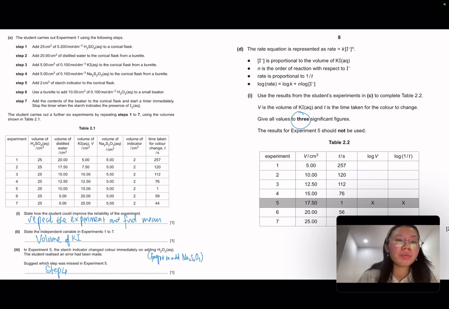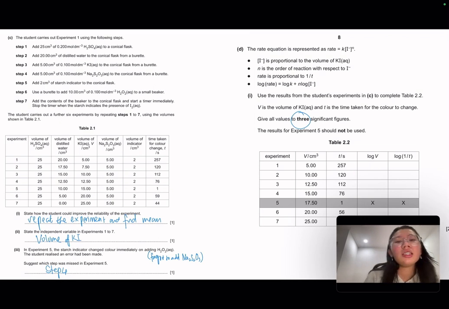And there are also other terms such as controlled variable. Controlled variable is basically what you control, what you keep constant, what you keep the same. And dependent variable is basically the effect of the independent variable. For example, if you give more water, the plant will grow taller. The growing taller part would be your dependent variable.